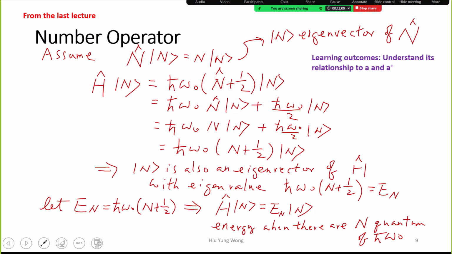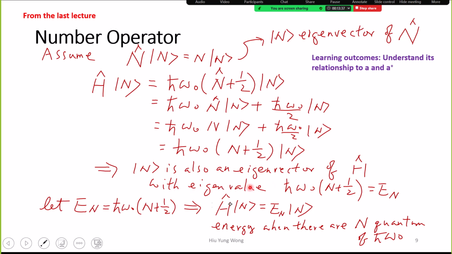So basically, say that in your simple harmonic system, you have a state called N. And this N is the eigenvector of capital N, which counts the number of photons. We assume that. And it is also the eigenvector of the total energy. It means that if you know the number of photons in this single harmonic oscillator, you know its total energy also, right?